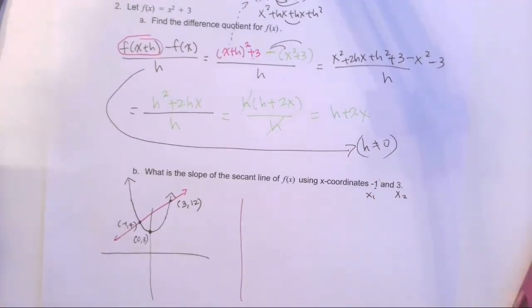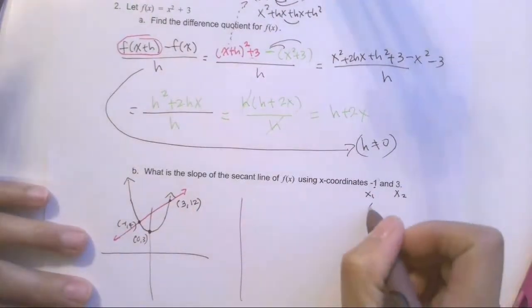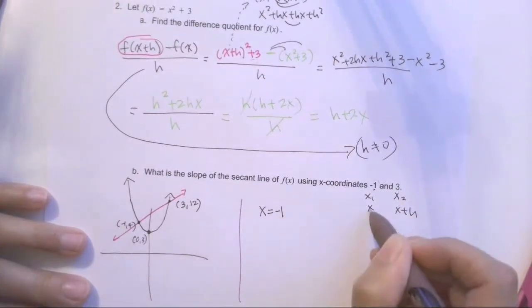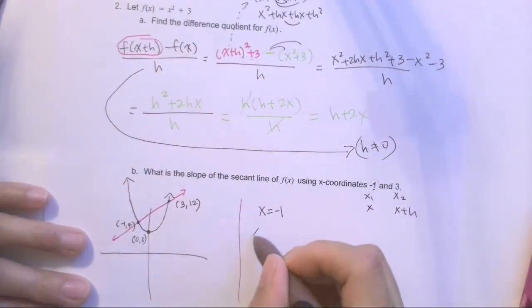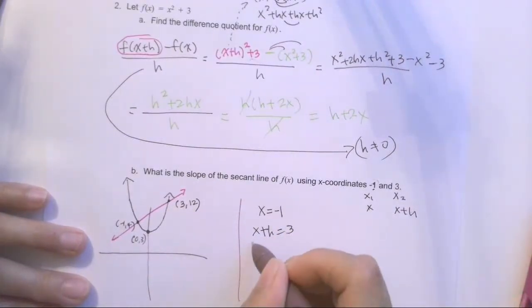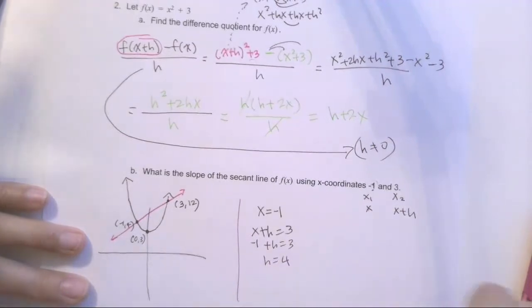But we're not using x1 and x2. We are using x and x plus h. So my x value is -1, as you can see, and my x plus h value is 3. So if x is -1, what's h? h is going to be 4.